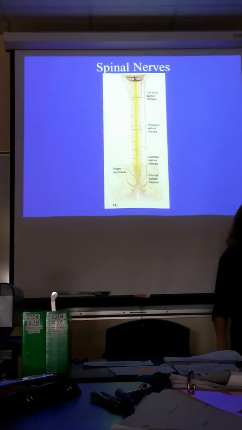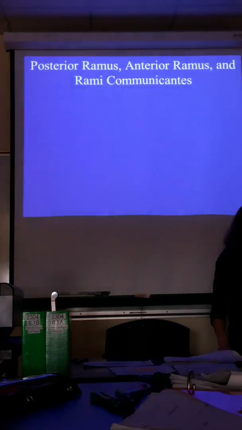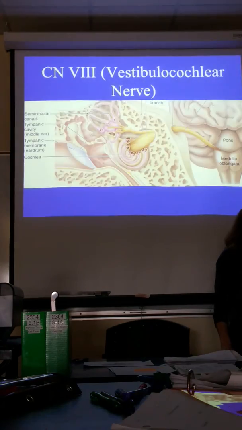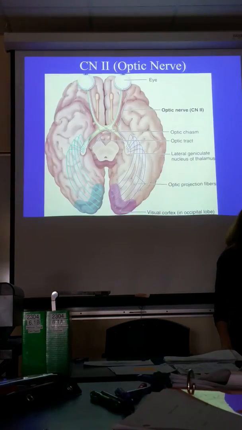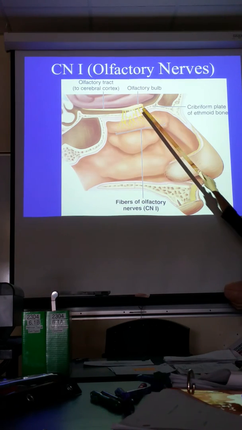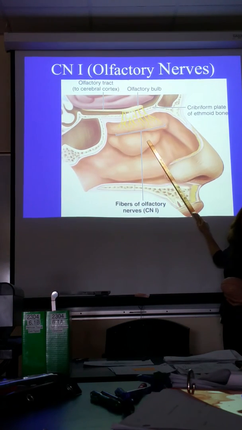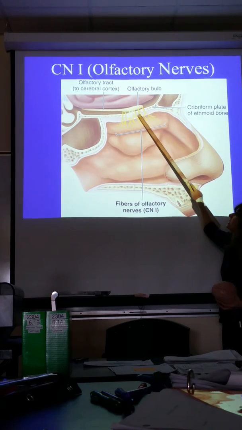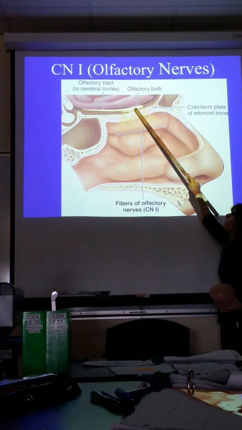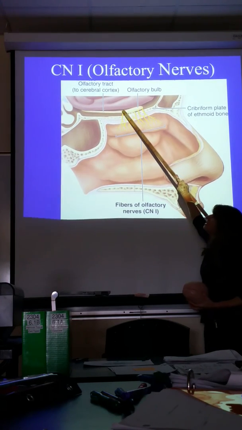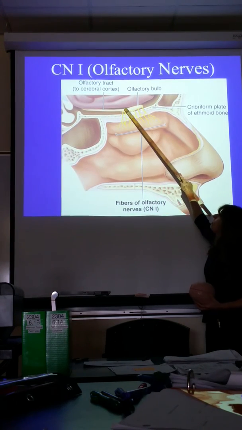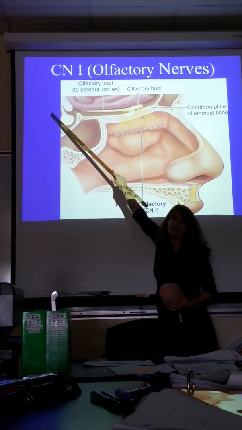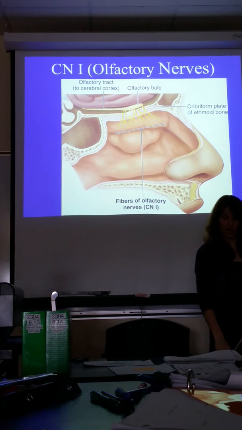Olfactory bulbs. This is what the olfactory bulbs look like in cross section, right here. See from the side, this is our nose, the inside of our nose. Here are the sensory neurons we were talking about earlier. They synapse here with neurons in the olfactory bulb. So where it bulges is the olfactory bulb. Where it goes back to the brain is called the olfactory tract.